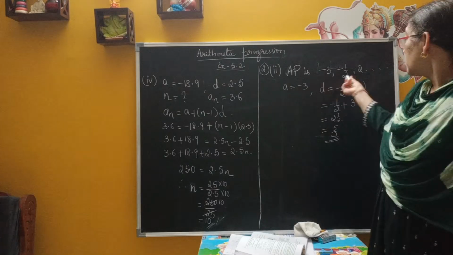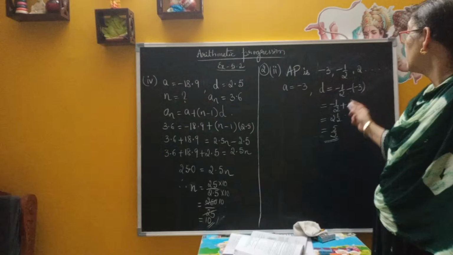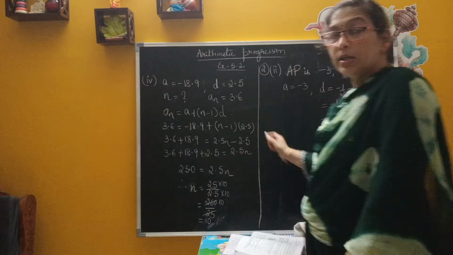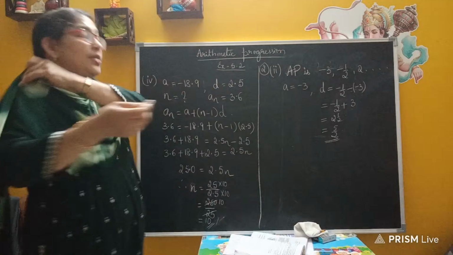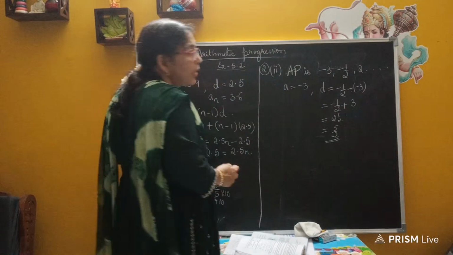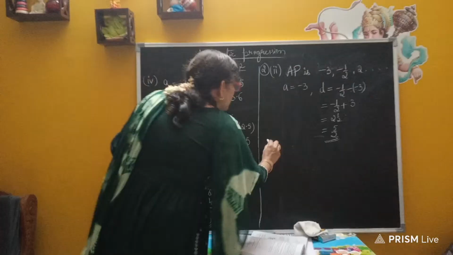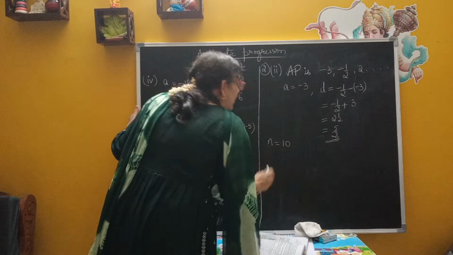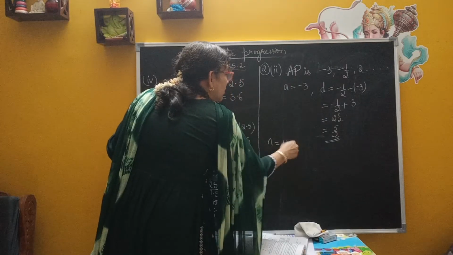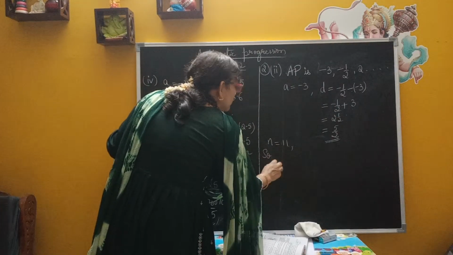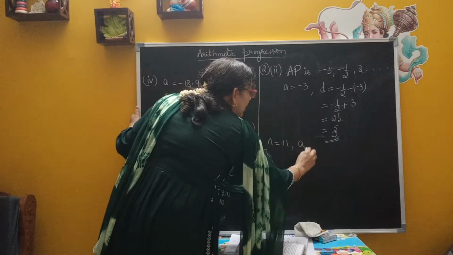Yes, next, what is the value of n? It is the 11th term, so n is equal to 11. What is the formula? It is a plus n minus 1 into d, or a plus 10d. The 11th term is a plus 10d.